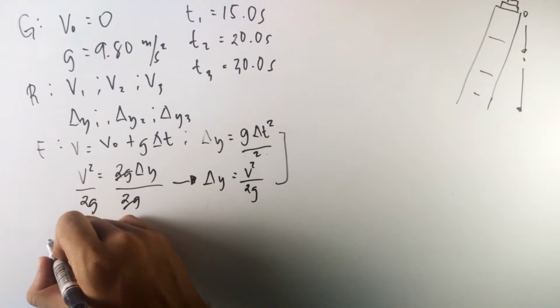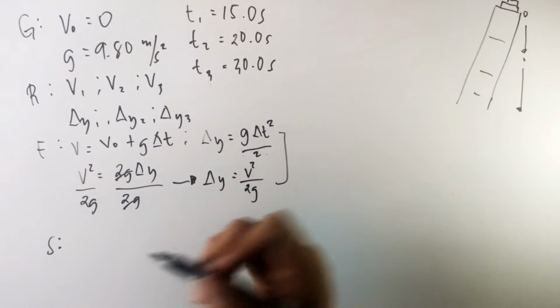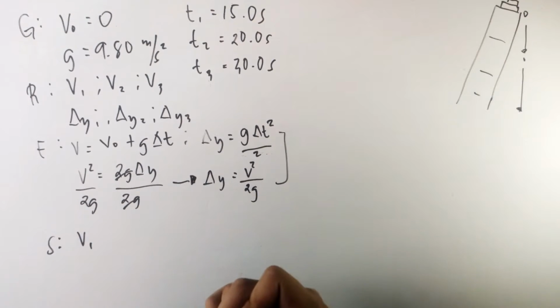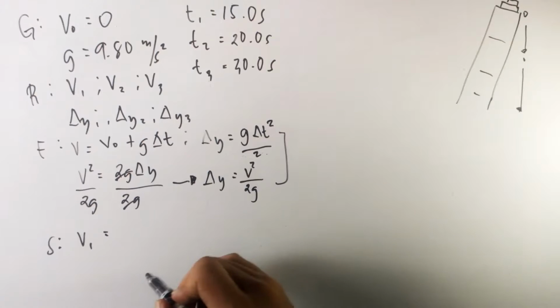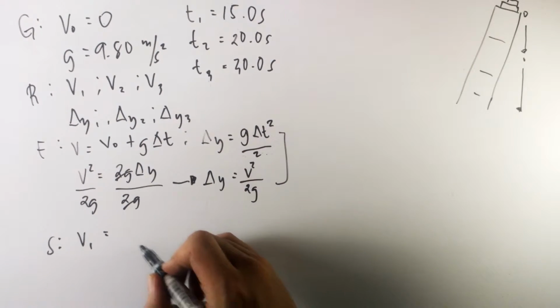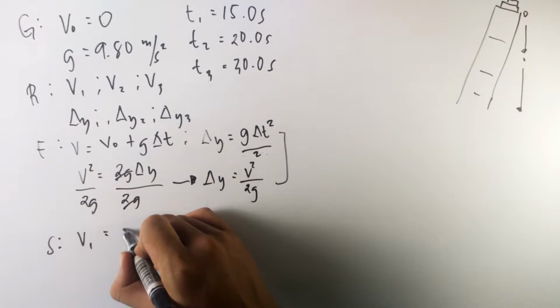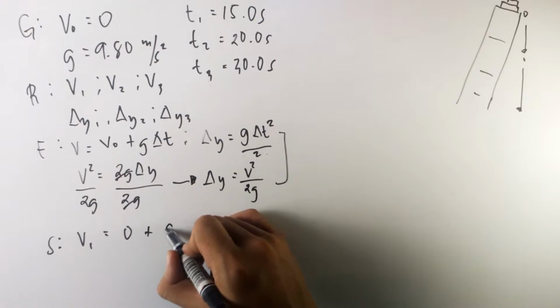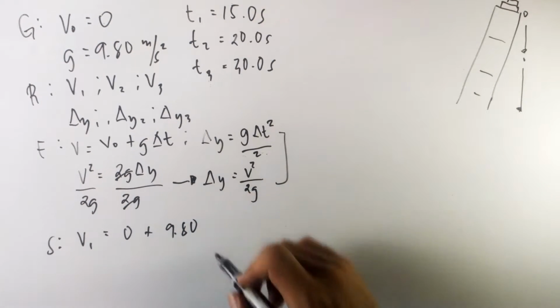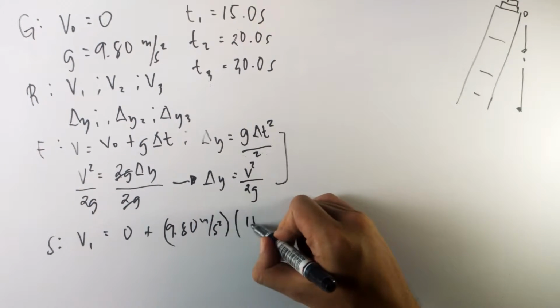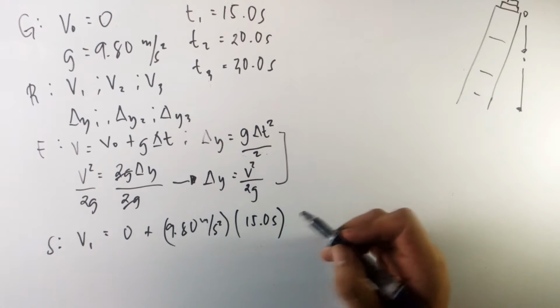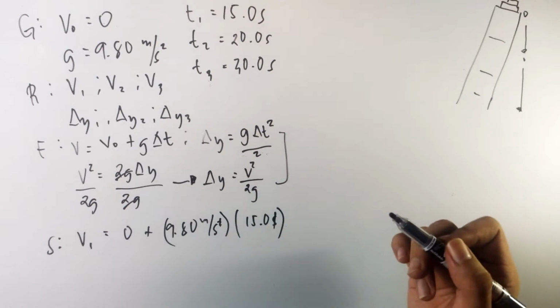So for the solution, let's do v1. v1 is 0 plus g, 9.8 meters per second squared, times 15 seconds. You're going to cancel the time.